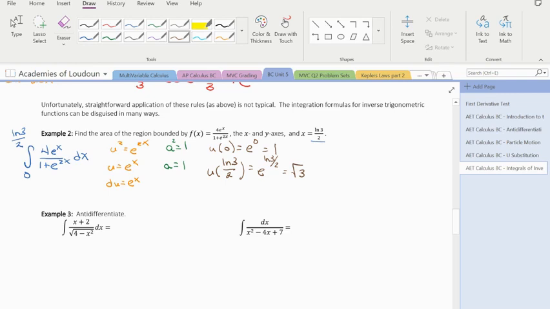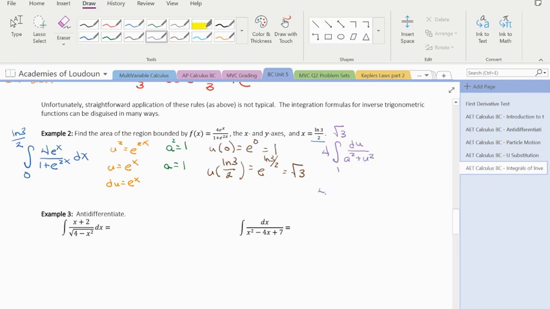And if you need some help on that, look up your rules of exponents and natural logs. So now we have 4, because this 4 in the numerator factors out, times the integral from 1 to the square root of 3 of du over a squared plus u squared.